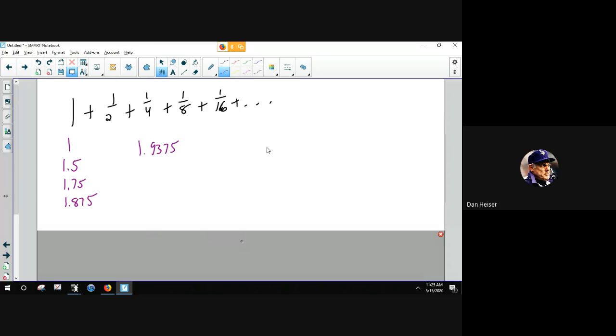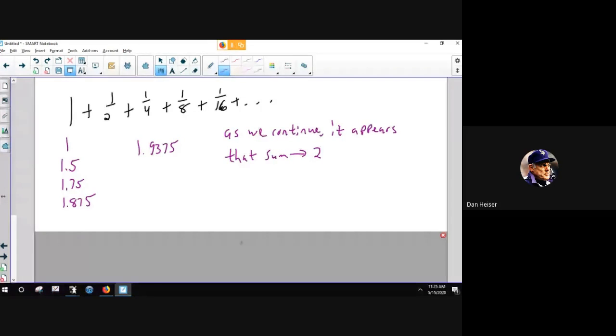And it appears, as we continue, that the sum approaches 2. And if you remember how we do geometric series, the sum as we go to infinity is t sub 1 over 1 minus r. 1 over 1 minus r is a half. That does equal 2.